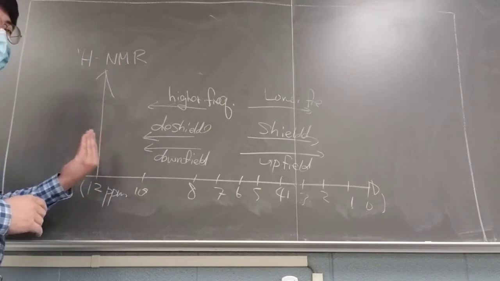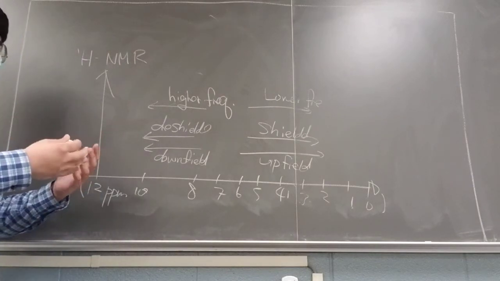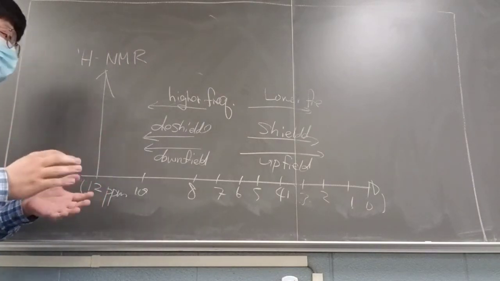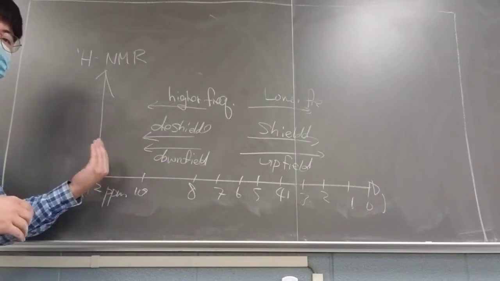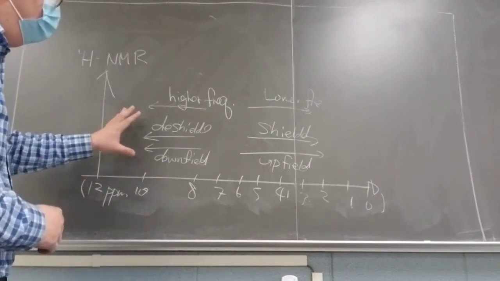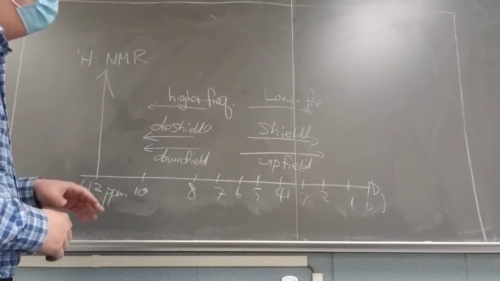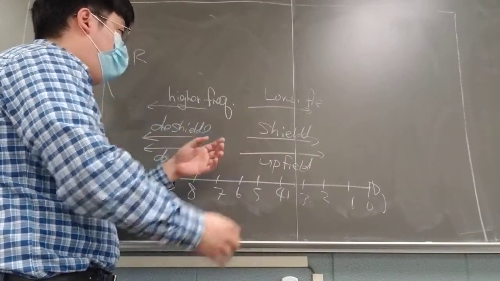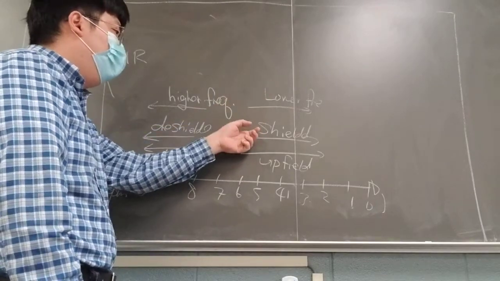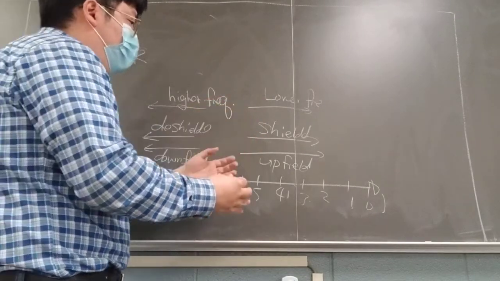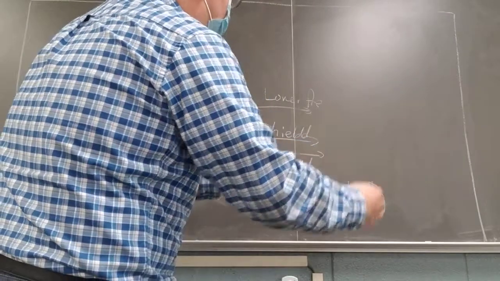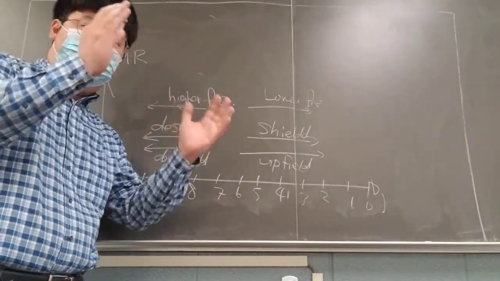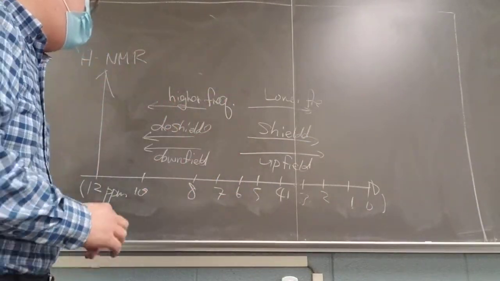If you go to the left, it's more deshielded, so not much electron density there. So it'll be on the left side of your NMR, the downfield, high frequency. On the right side of your NMR, it's lower frequency and more shielded with electrons, and this is where we call it upfield. It's when protons are surrounded by a lot of electrons, very high electron density.